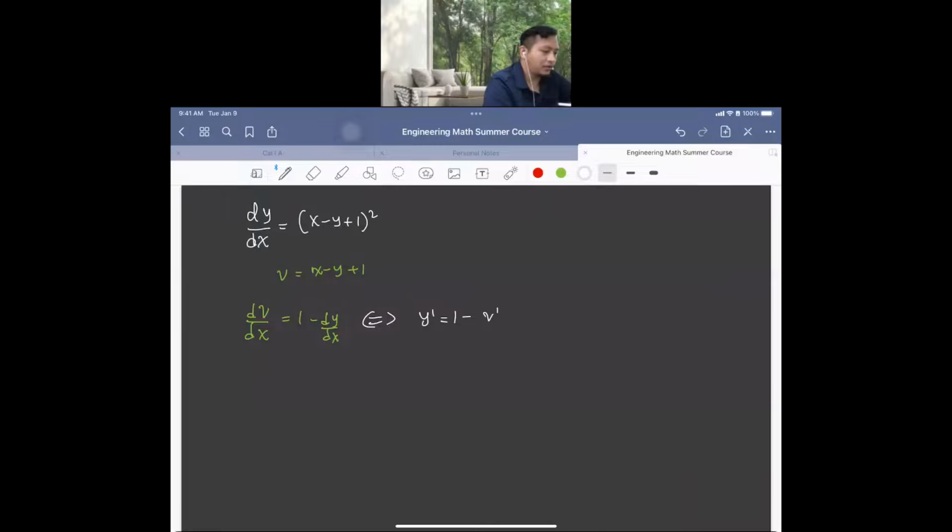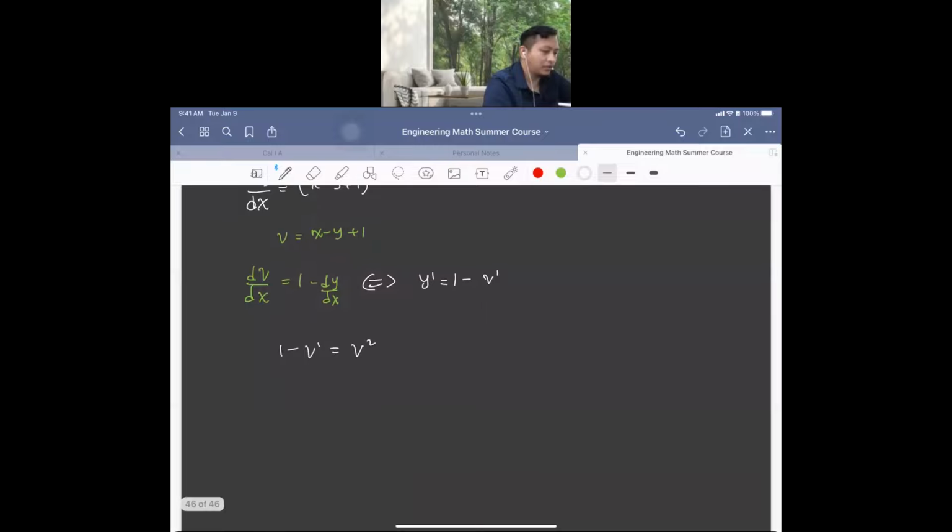Now this becomes 1 minus v prime is equal to v squared. In other words, we have v prime is 1 minus v squared. Now we can solve this by separating the variables. So 1 over 1 minus v squared dv equals dx.